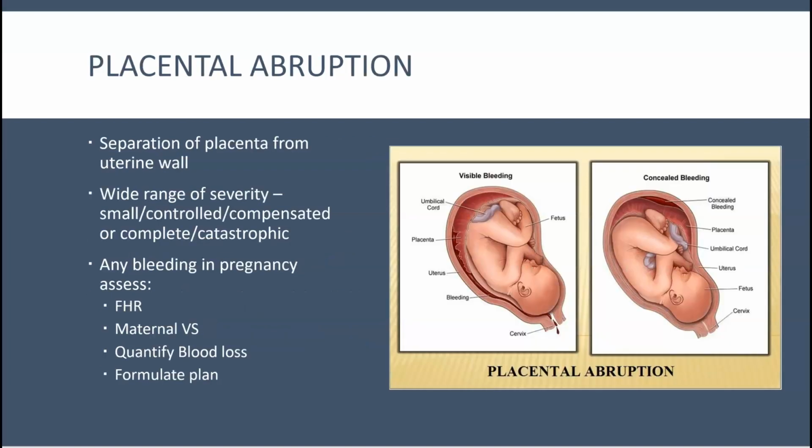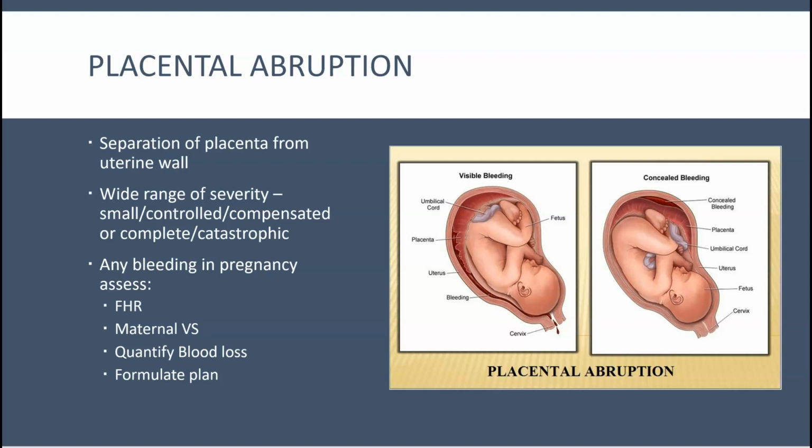Placental abruption is the early separation of the placenta from the uterine wall. Now, I say early because ideally, once baby's out, we want that placenta to detach and be delivered. But this is the separation while baby is still in utero, whether that's the antepartum period or intrapartum when we're trying to have a baby. Placental abruption is one of those complications that has a really wide range of severity.